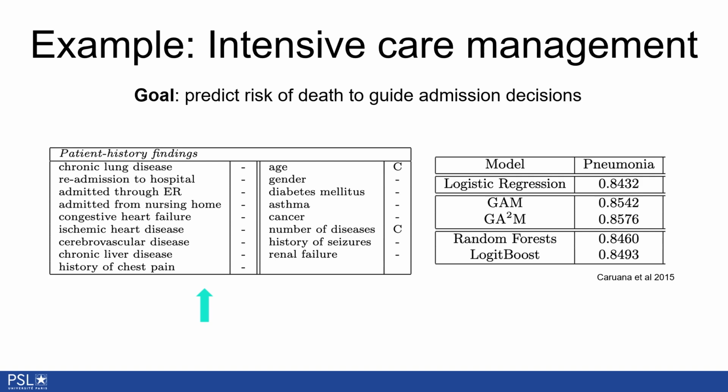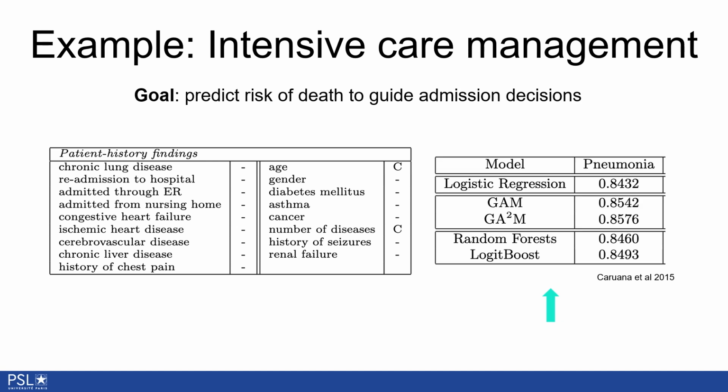This is a classification problem, and a study by Caruana and colleagues compared the performance of different models trained on this task. The results are listed in the table on the right. Caruana and colleagues started with classical logistic regression and then examined generalized additive models, as well as generalized additive models with quadratic terms. Then they also considered more complex, non-interpretable black box models, in particular random forest and logit boost.